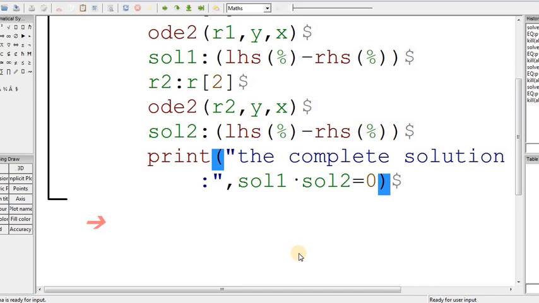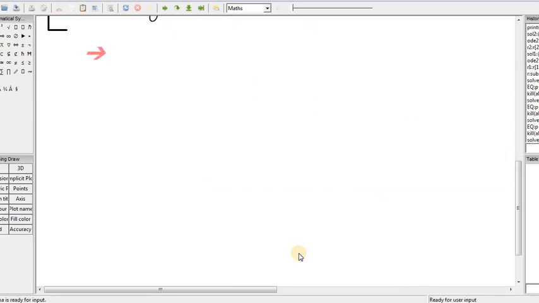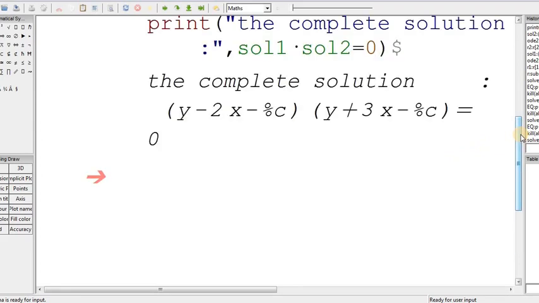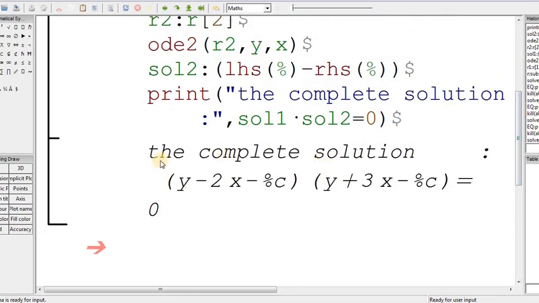To execute this, we have to press shift enter directly, so that we get the complete solution. Let me check. Yes, it executed. See here, the complete solution came as y minus 2x minus c and y plus 3x minus c.